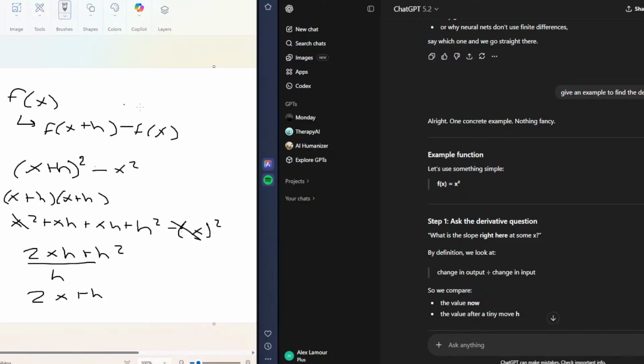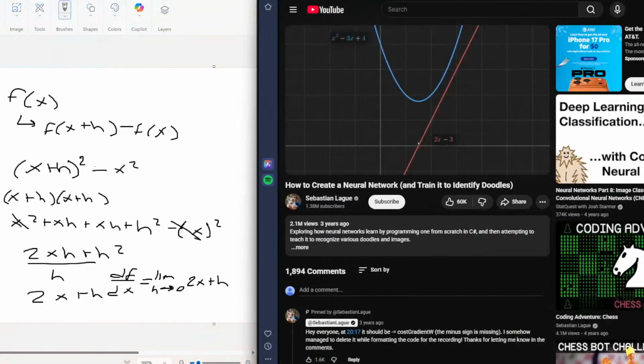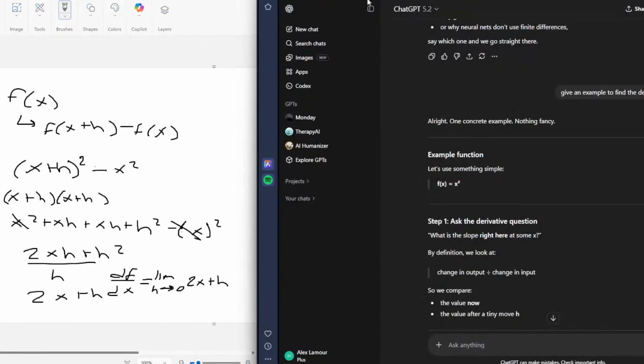But as the limit of h approaches 0, it's going to be 2x plus h. Or is it just 2x? I think it's just 2x, actually. So this would just be 2x. So let's see what we're looking like.